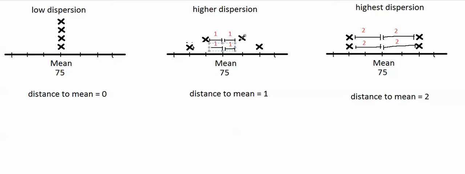This student who got a 76 is 1 away from the mean. But this person who got a 73 is actually 2 away from the mean, because they're 2 below the mean. And this person who got a 77 is 2 away from the mean also, because this person has a score that's 2 above the mean. So this person who got a 73 is 2 away from the mean. This person who got a 77 is 2 away from the mean.